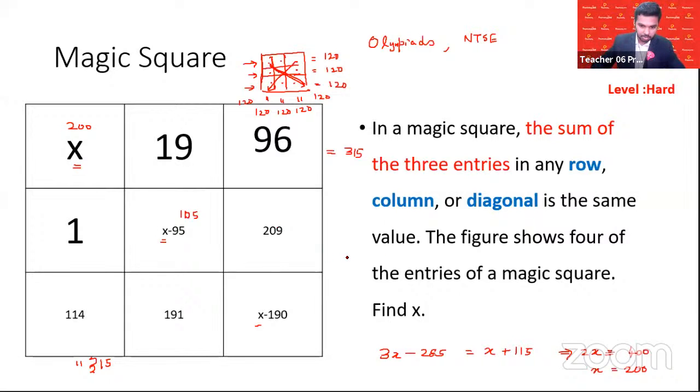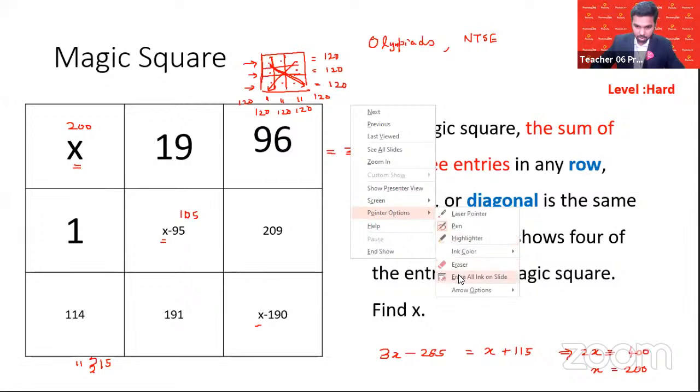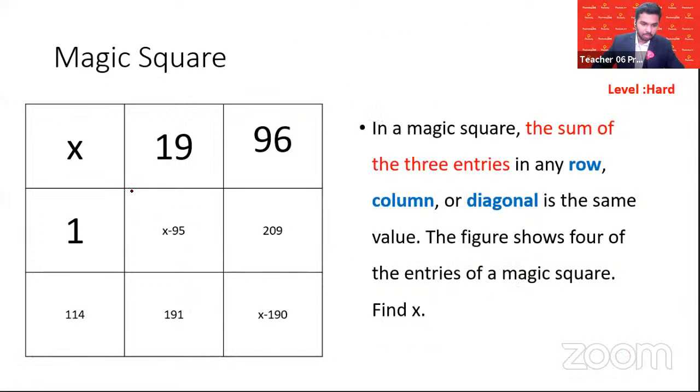So let me just first of all eliminate all these things that I have written here. Currently we have this unknown number x. The idea is to find what is the unknown number. Since it is a magic square, consider the addition of numbers in the row. What is the addition of x plus 19 plus 96?